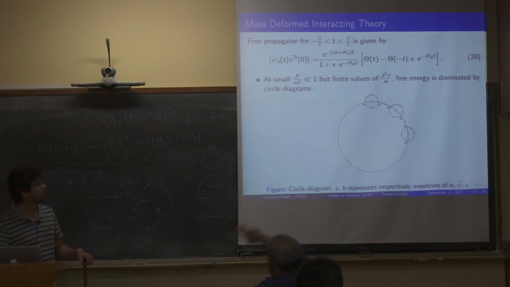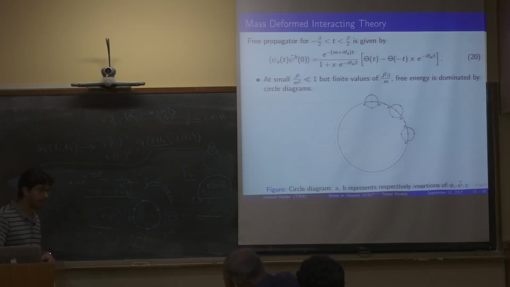Okay, so at least for the propagator, what I was saying was right, that you just dress it. And then the free energy contribution, where you integrate out the propagator, the heavy quark, you're integrating out the quark also. We are integrating out the fermion.